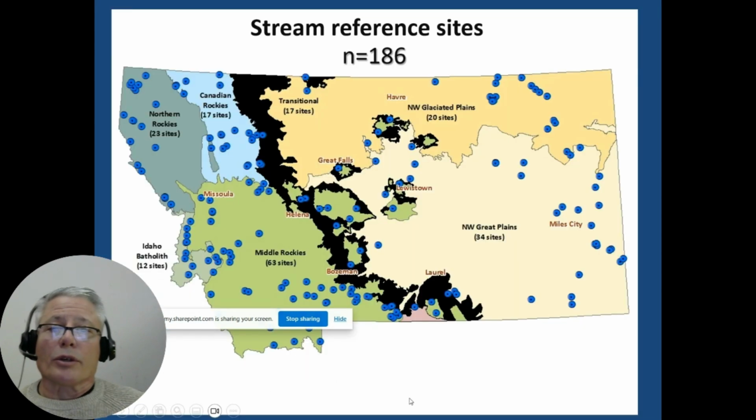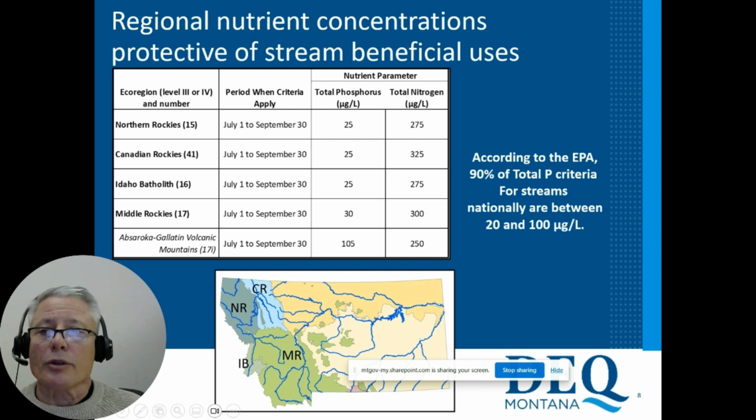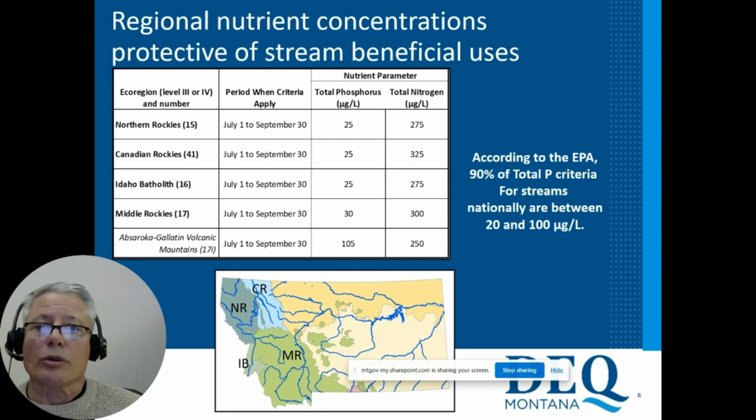You can also take a look at the kinds of nutrient concentrations that you see in reference sites. We have at DEQ a network of 186 reference sites around the state, and these, being minimally impacted by human effects, can represent the natural background concentration of nitrogen and phosphorus in the regions from which they come. So putting all that information together, you can begin to identify regional nutrient concentrations that are protective of stream beneficial uses.